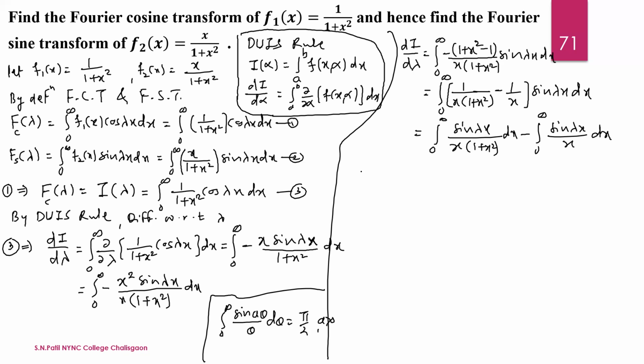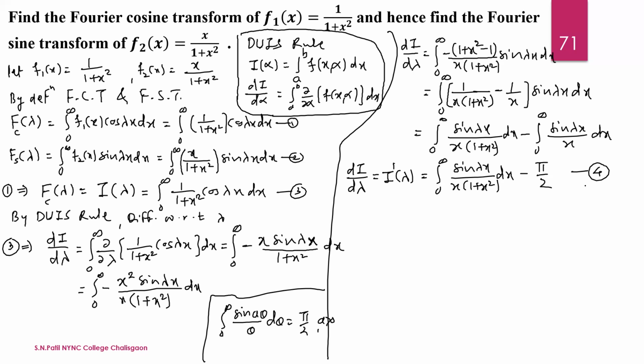So what is remaining here is dI by d lambda. Otherwise, we can write I dash lambda is equal to the integral from 0 to infinity of sine lambda x divided by x times 1 plus x square with respect to x, minus pi by 2. Call this equation number 4.